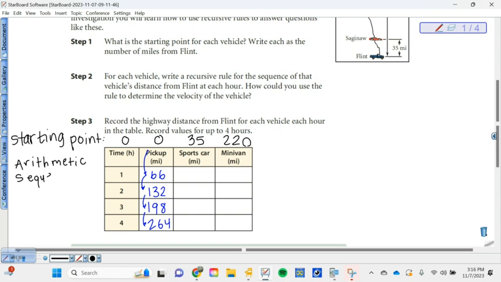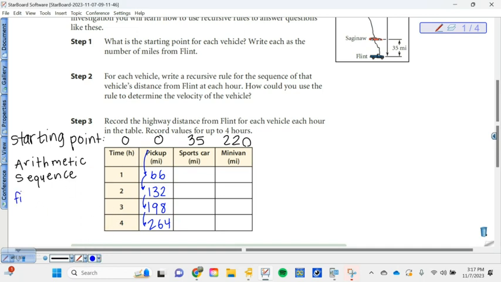Yeah, arithmetic sequence. It's just a set of numbers where each number we're adding to go to the next one. We're adding the same number every single time. So when we describe an arithmetic sequence, we have to talk about 2 things.